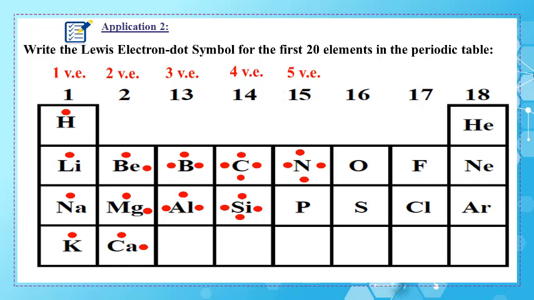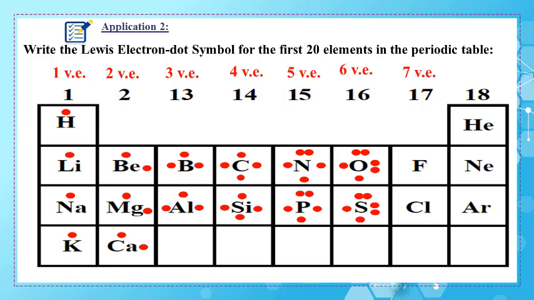Elements of column 15 have 5 valence electrons. The first 4 electrons will be distributed on the 4 sides of the atom, and the remaining electron will be added to the first electron. Elements of column 16 have 6 valence electrons. The first 4 will be distributed on the 4 sides of the atom, and the remaining 2 will be added successively to the first 4.